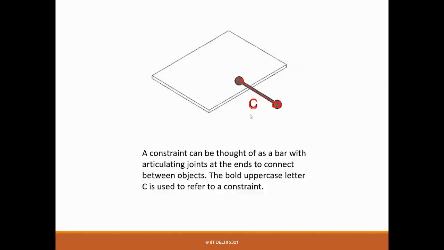I think you can easily find it, and they follow this convention. A constraint can be thought of as a bar with articulating joints. The joints allow motion, whatever motions are possible, rotations. That's why we are calling them articulating joints. The bold uppercase letter C is used for saying it's a constraint.